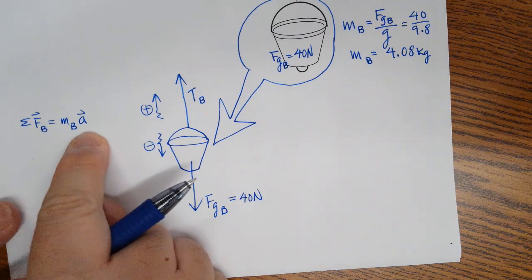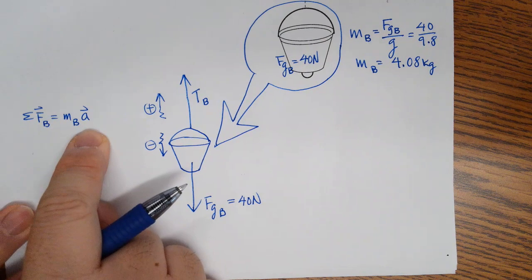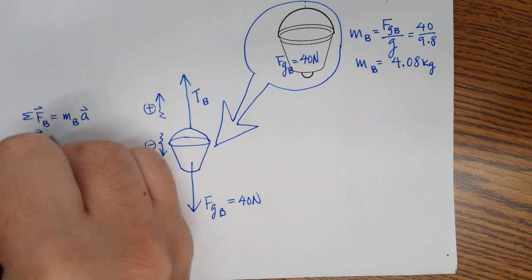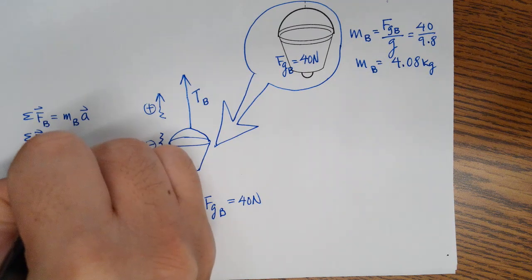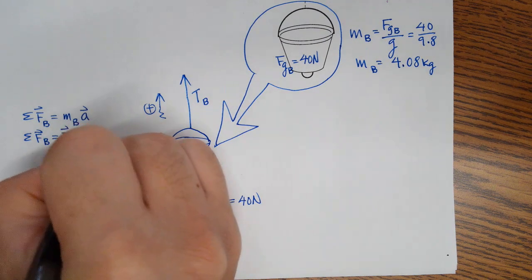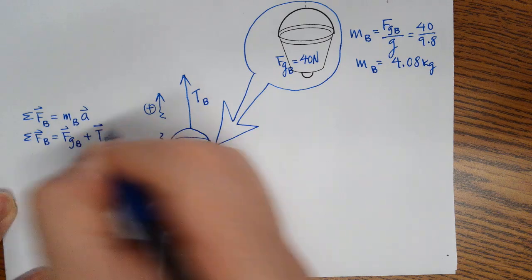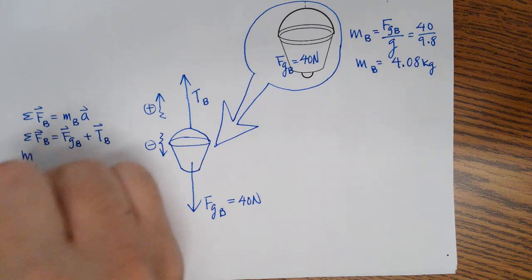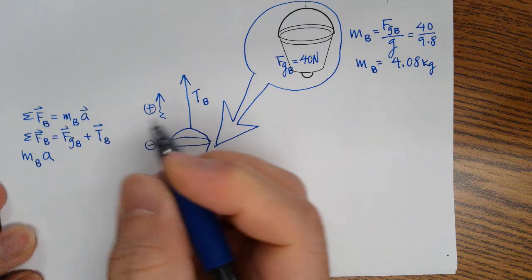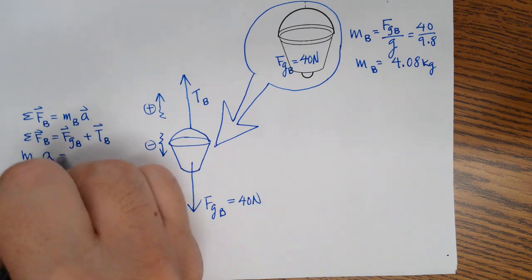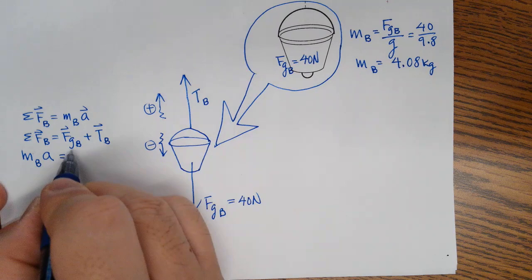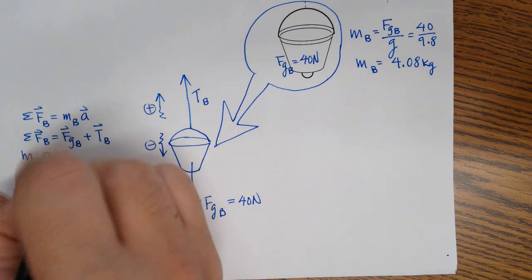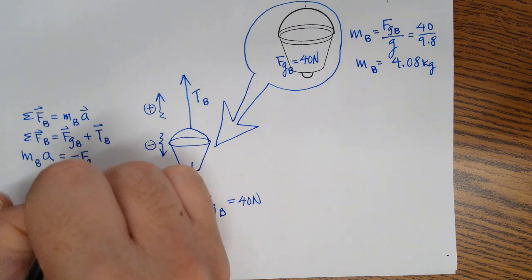Now a is common for the whole system. And we said there were 2 forces for the bottom bucket, and that is Fg bottom plus the tension bottom. So m_b a is equal to Fg bottom. Is that positive or negative? Negative Fg bottom.